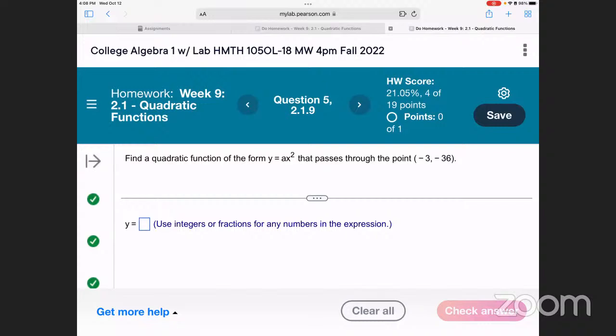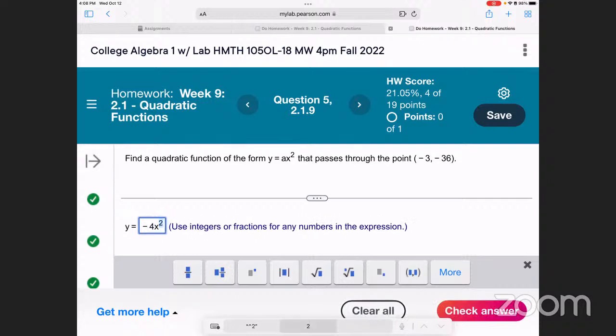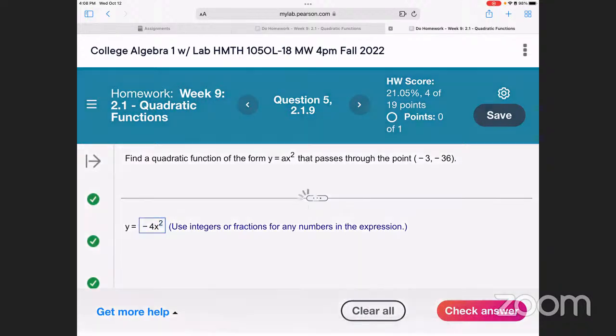Basically it's saying when x is -3, y should be -36. When x is -3, -3 squared is 9. So I'm plugging in my x and my y. -36 divided by 9 is -4, so that means that a is -4. So we could say -4x quantity squared. Okay, let's go with that.